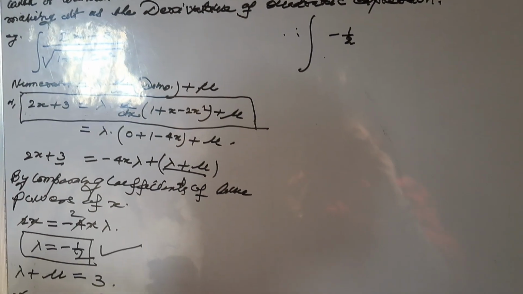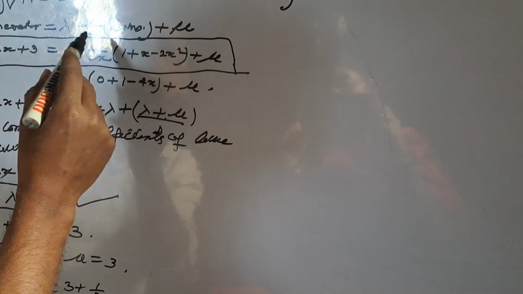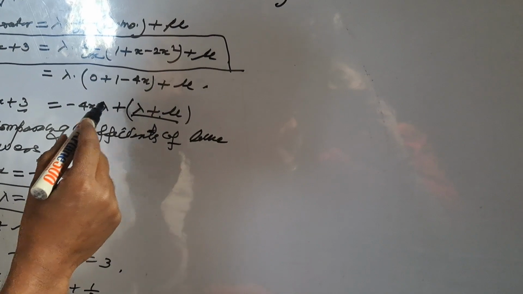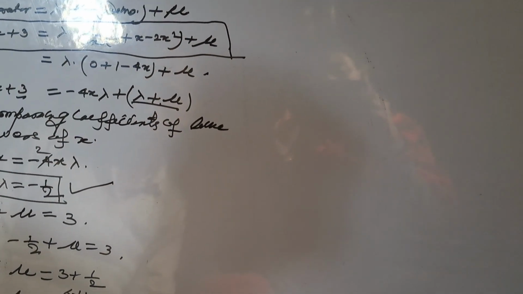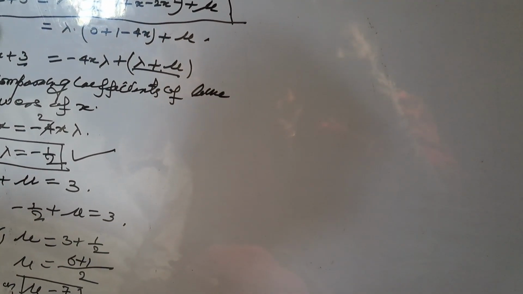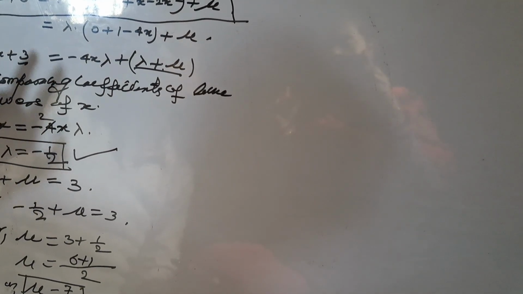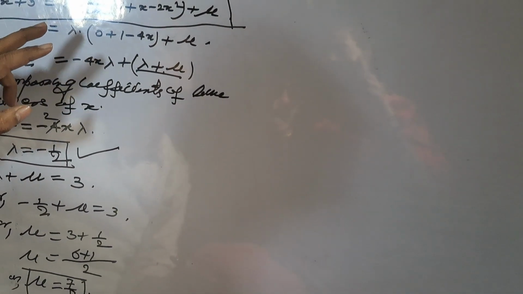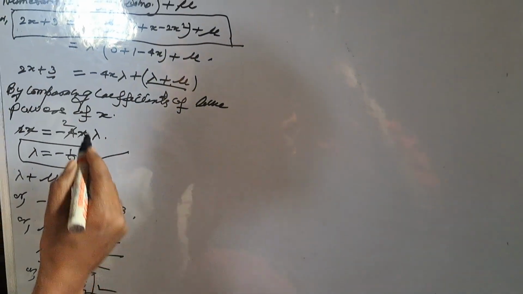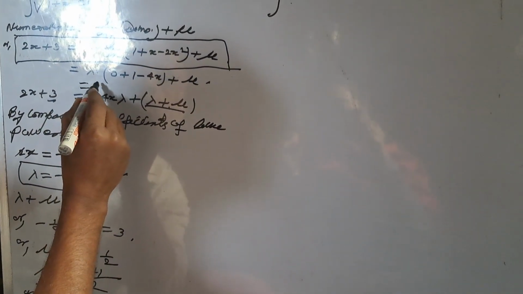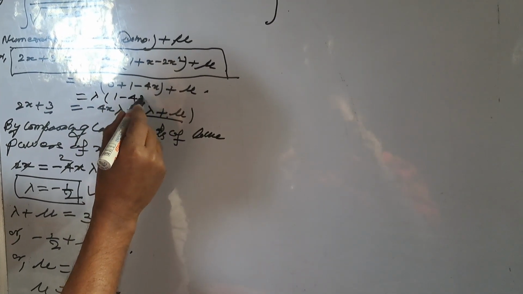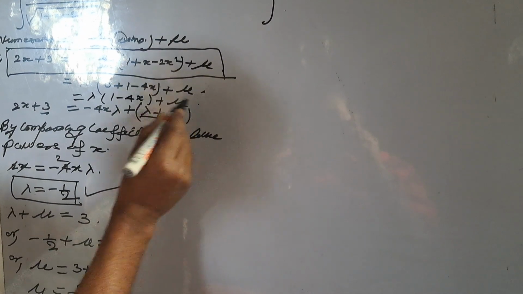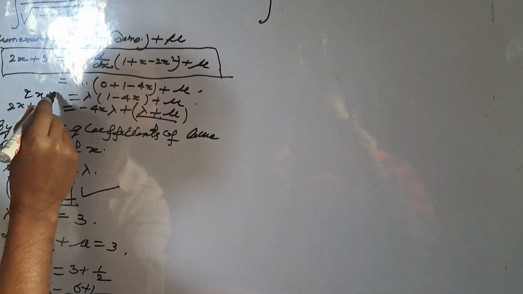Actually, this is lambda into d/dx of denominator, that means I got this value, and lambda is here. 2x plus 3 is this, lambda we got, lambda into d/dx of denominator. A little bit I am explaining this: lambda into 1 minus 4x plus mu, that is 2x plus 3 here.